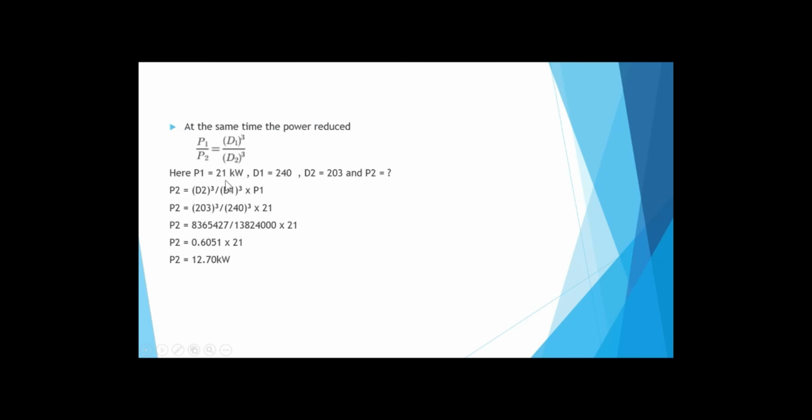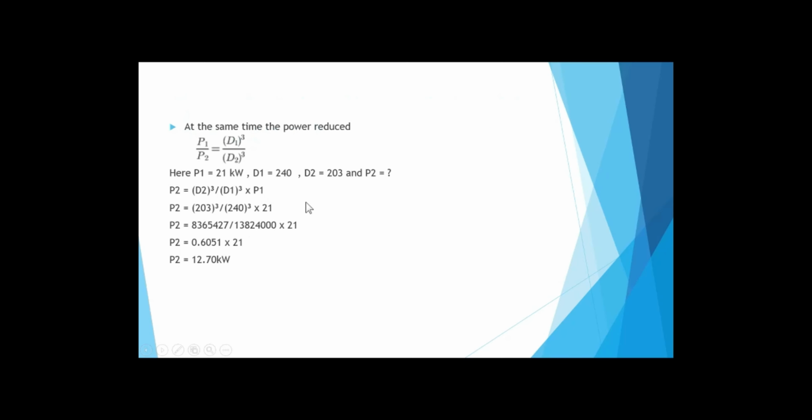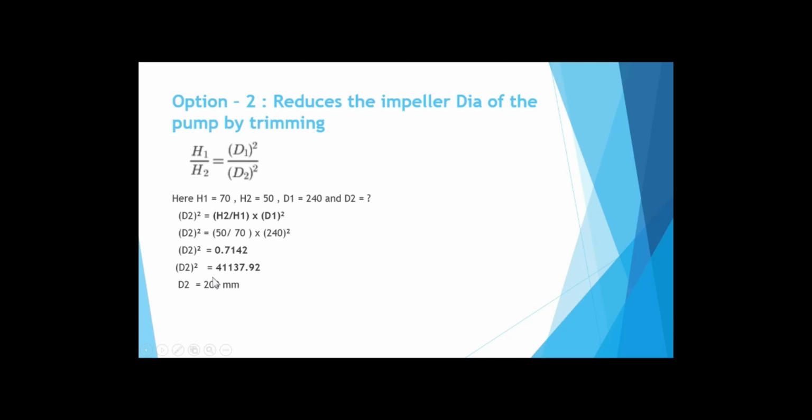Here you have to understand the previous impeller diameter was 240. Now we calculated, once the head decreased to 50 meter, what the impeller diameter would be. We calculated 203 mm. So the impeller diameter is decreased, the head also decreased.